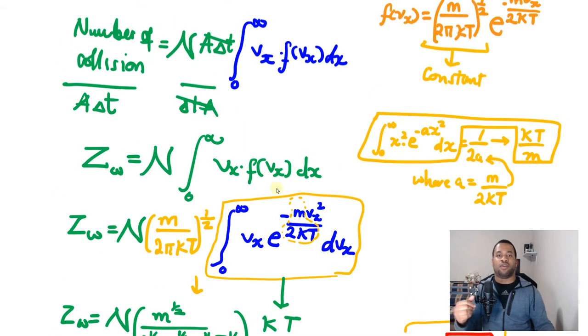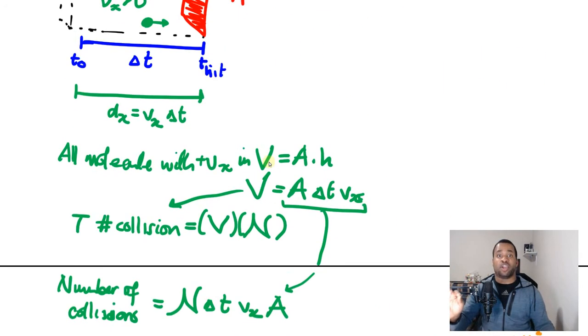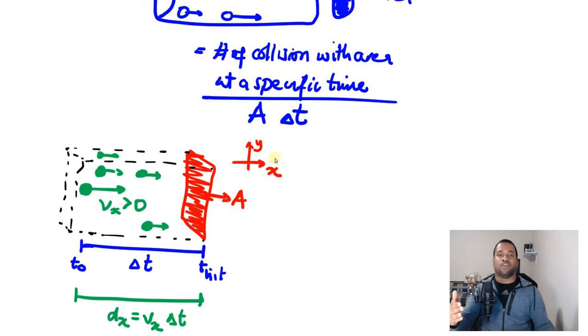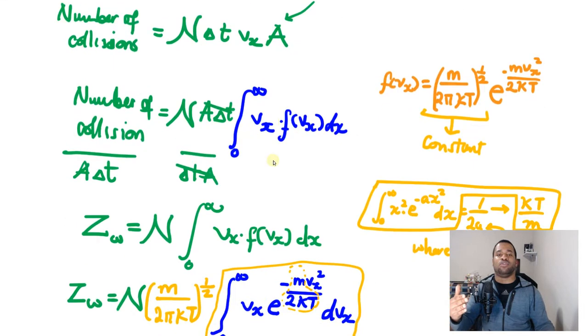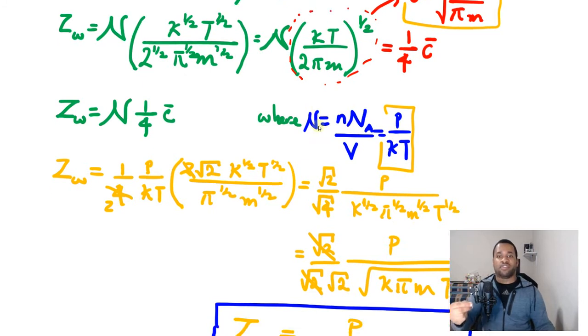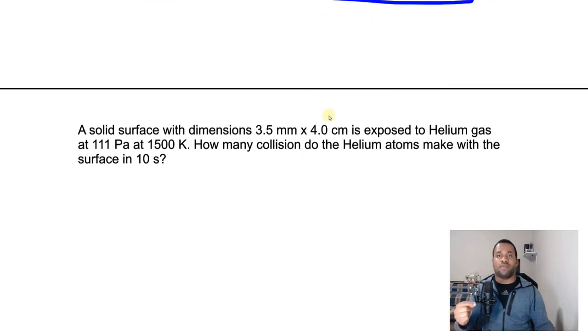This introduces our integration, which accounts for the distribution of velocities towards a specific wall barrier that a particle is hitting at a particular time interval. We are now going to use these parts of the derivation process to perform this question.